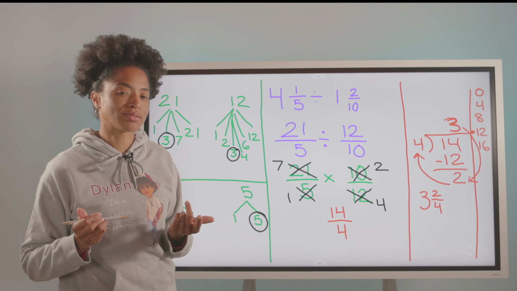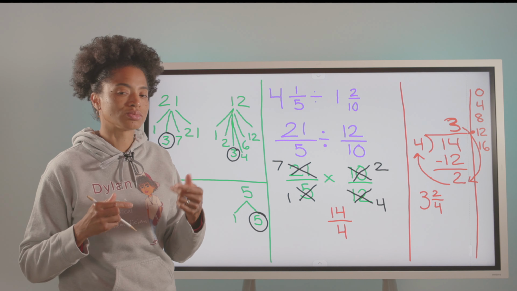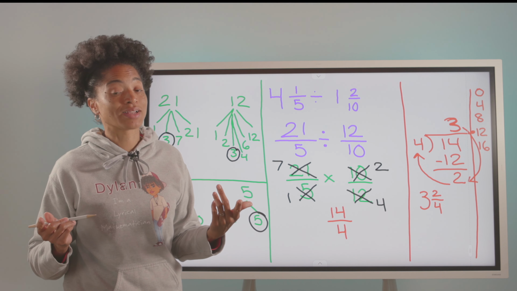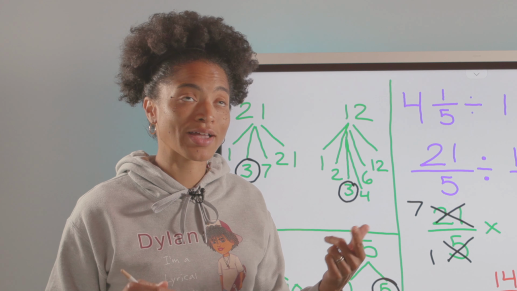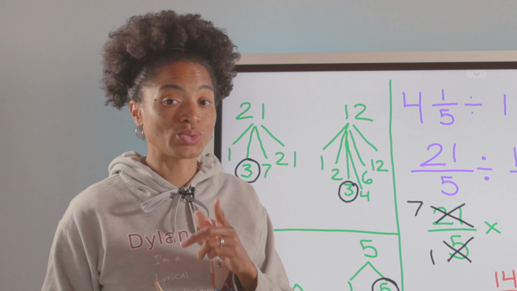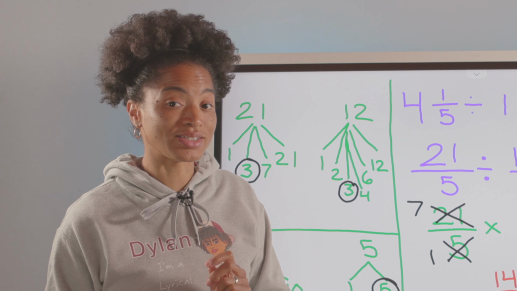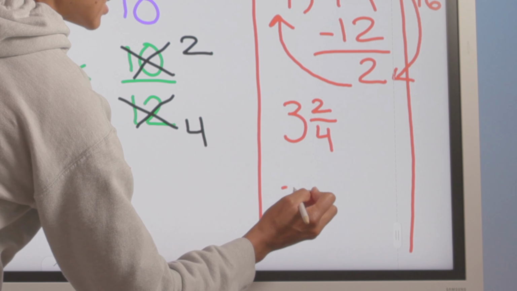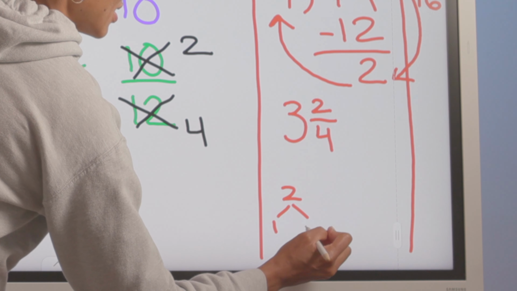What are the numbers that multiply together to give me 2? 2 times 1. Factors of 4. What are the numbers that multiply together to give me 4? 1, 4, and 2 times 2. So their GCF is what? 2.